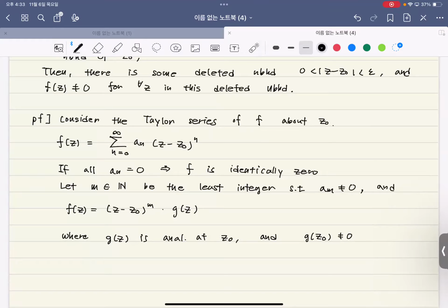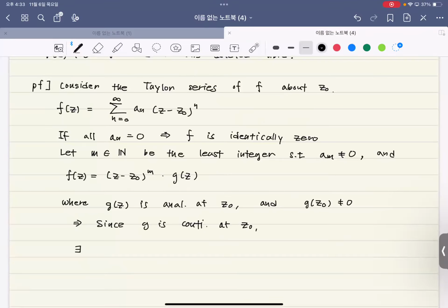My function g is analytic, therefore g is continuous, which is obvious. Since g is continuous at z0, you must be able to find some epsilon such that g of z is never 0 on some neighborhood around the point z0.